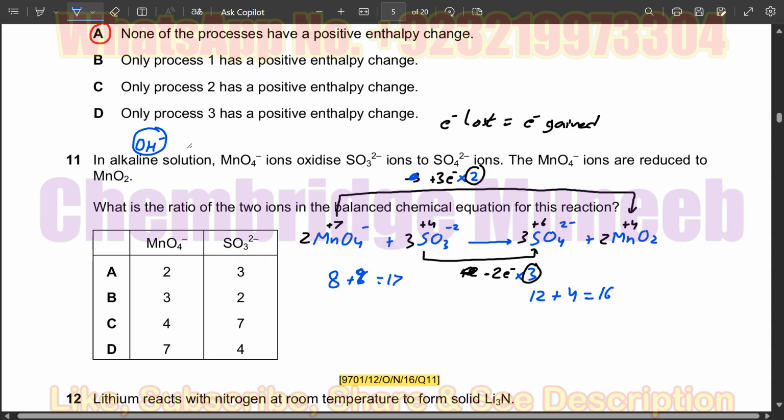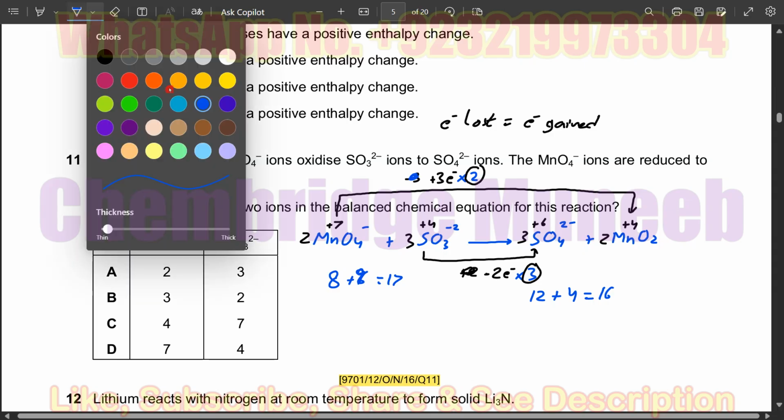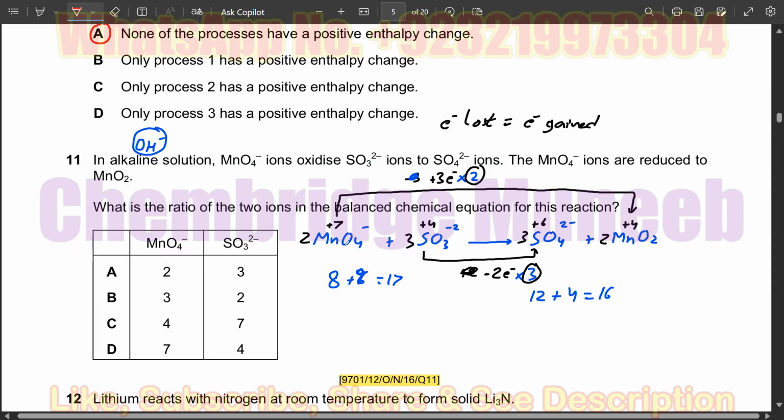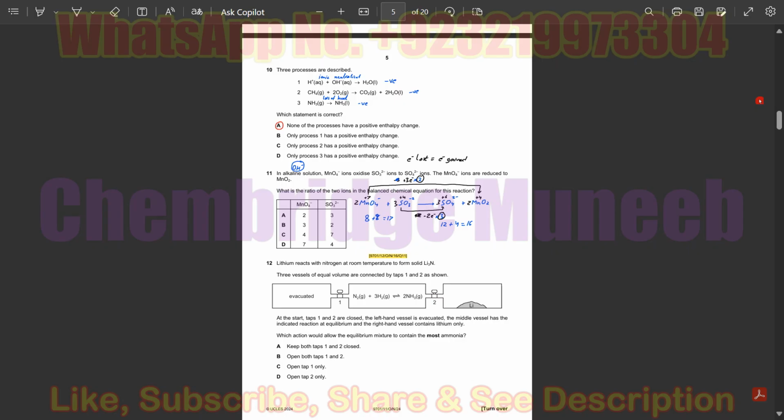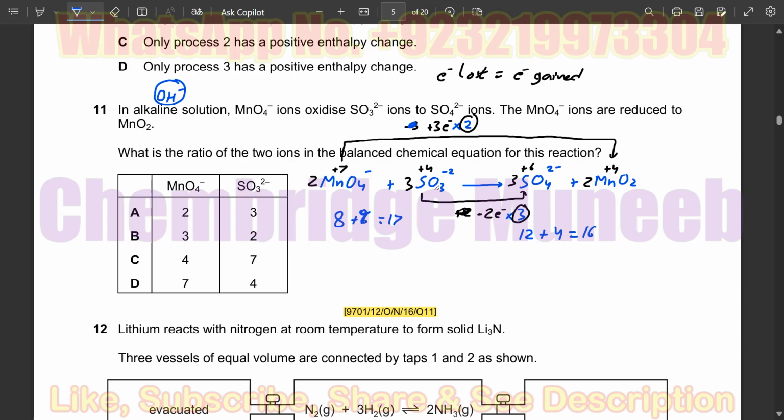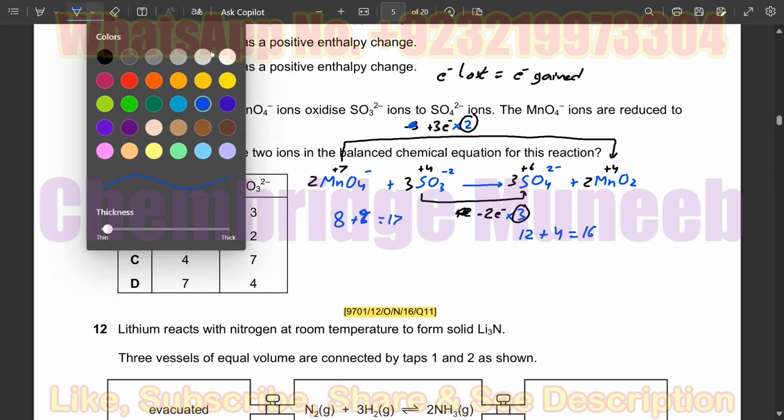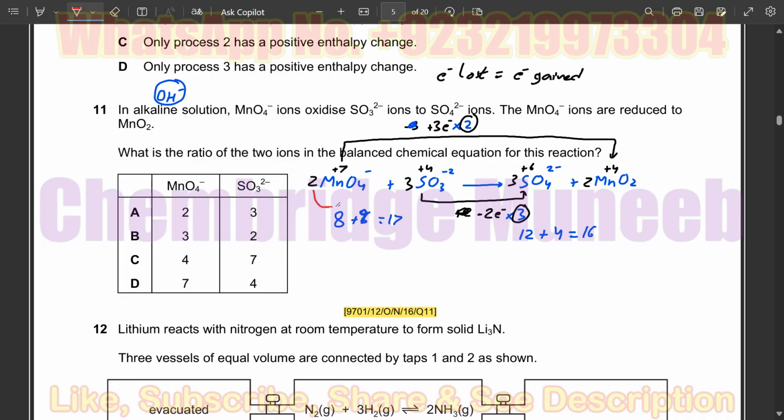That depends on the charges. If I check the charges, here the 2 is multiplied with the -1 charge, so it is -2 on the left side, and 3 will be multiplied with this -2 charge, so 3 times -2 is -6.